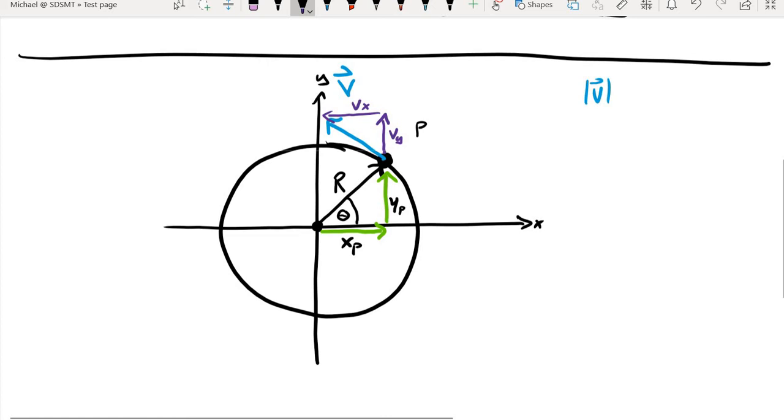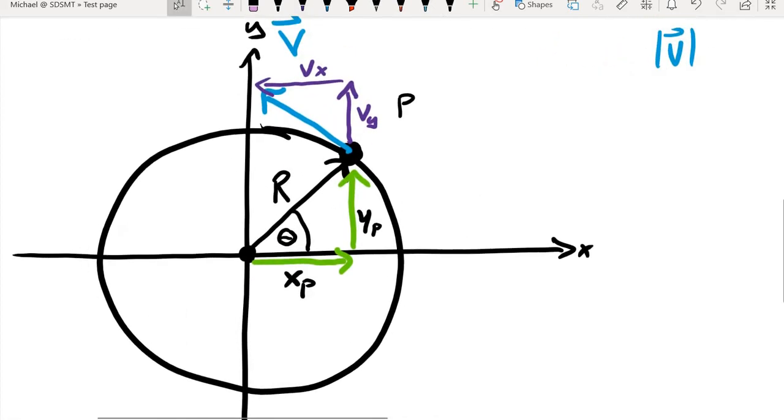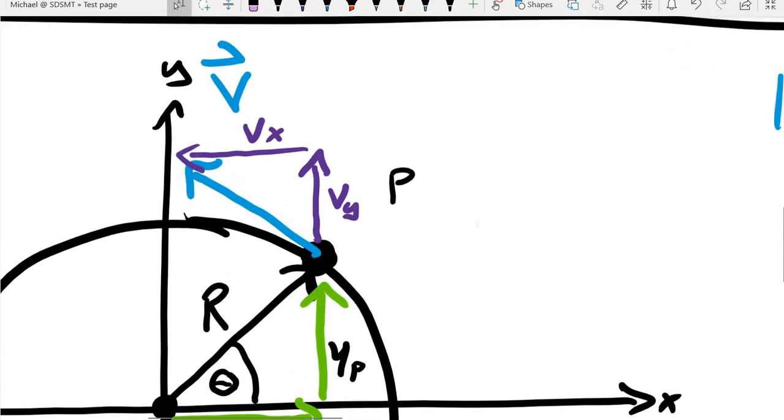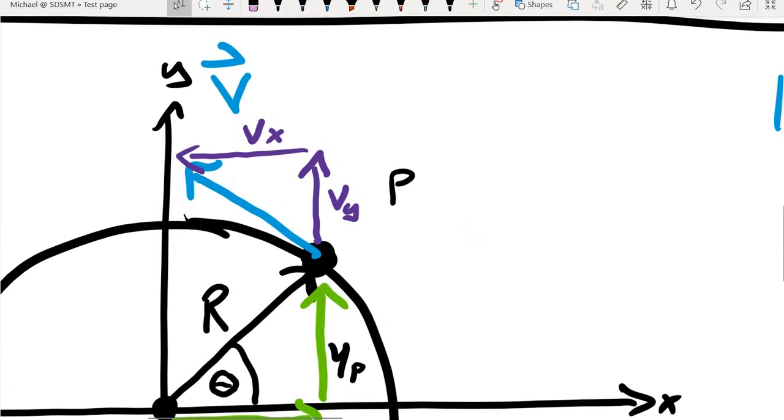And let's see. There's one more thing that I would like to have as a part of that velocity right triangle that we've just produced, and that would be some information about the angles inside. Now, I know that there's a right angle between the x and the y components. That's a given.